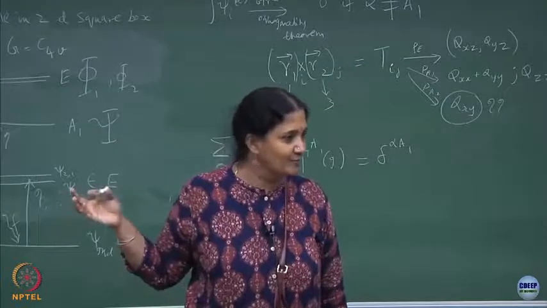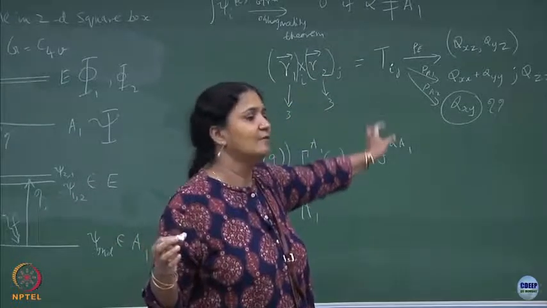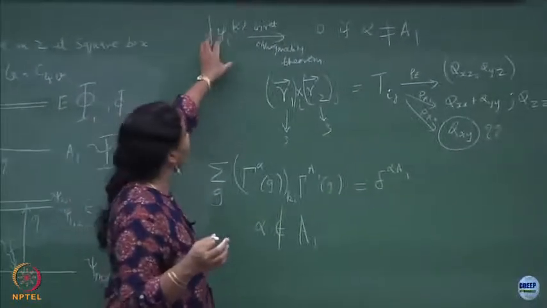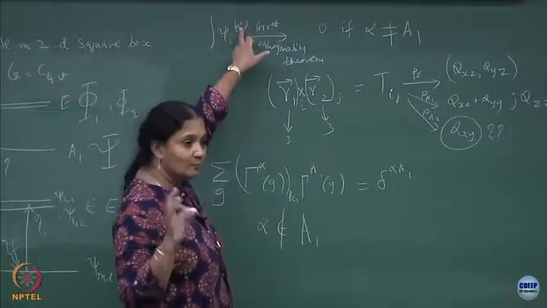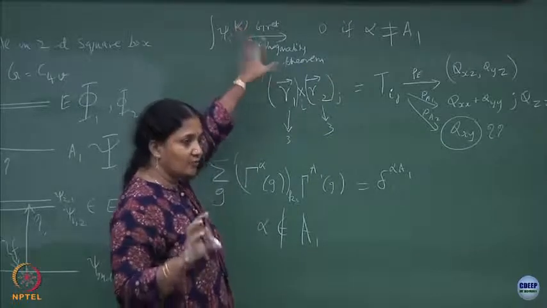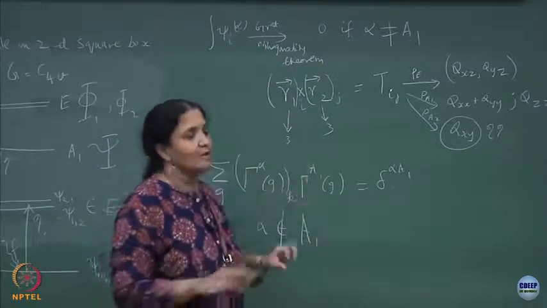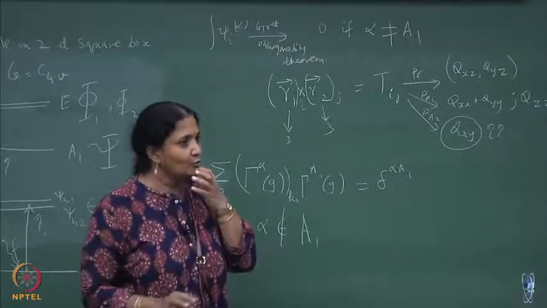Explicitly you can do, but now I have invoked this argument to say that anything which is non-zero is happening when after you have done all the tensor product, that alpha turns out to be A1, it will be non-zero. If the alpha turns out to be not A1, you can blindly set it to 0. You do not need to do any computation.